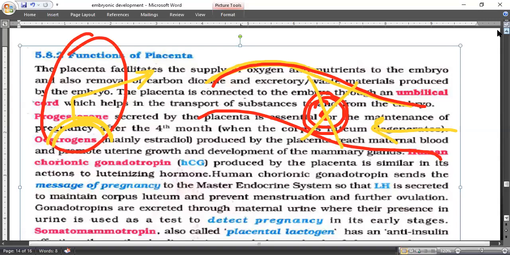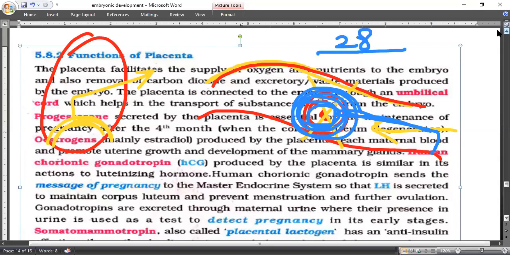Then if sperm comes and fertilization occurs, what happens? Sperm reaches, fertilization happens, and a zygote forms. So that information will go to the brain. Otherwise, before the 28th day itself, the corpus luteum is no more, regenerated in the form of corpus albicans.